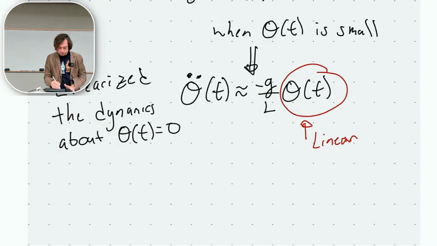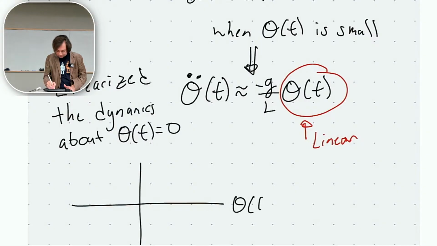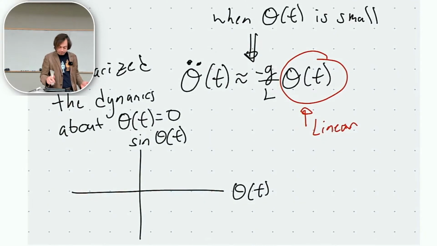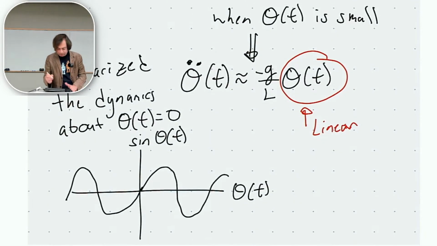And if you were to plot on this axis theta of t, and on this axis sine of theta of t, we all know what a sine wave looks like. Looks like this. Sound effects optional, right?